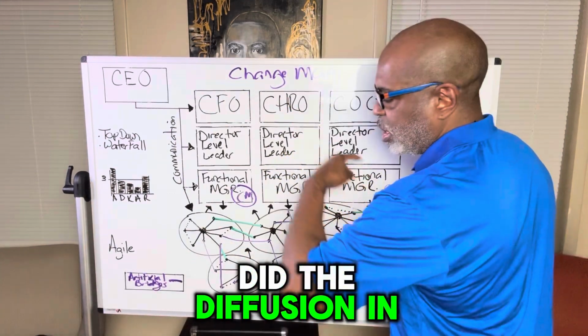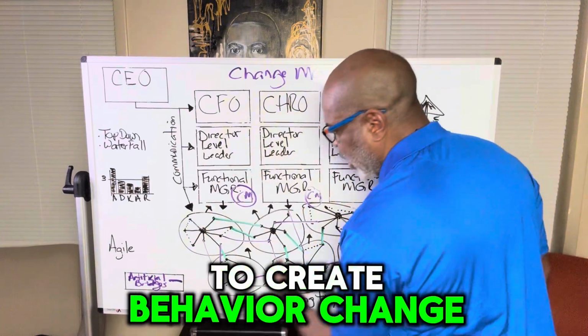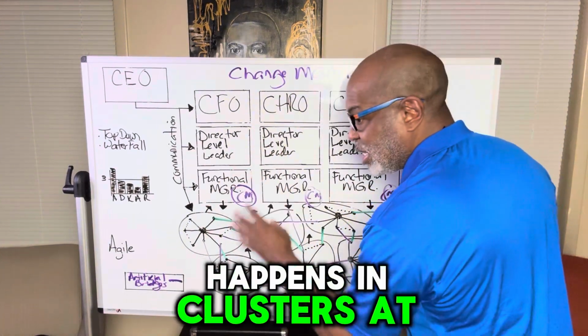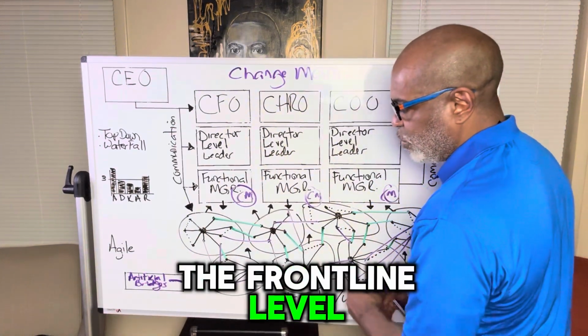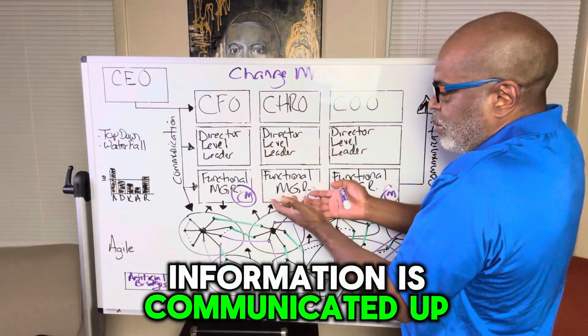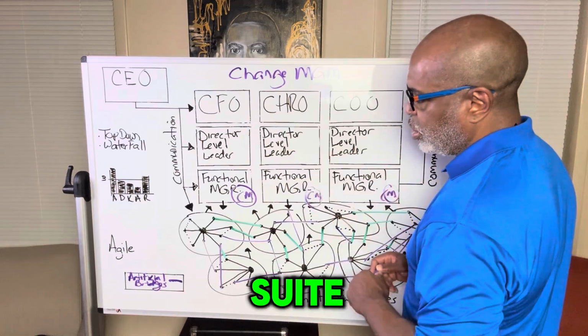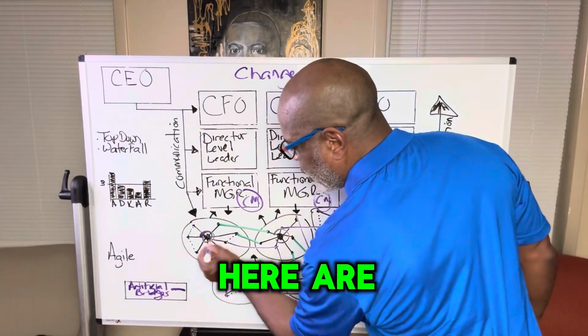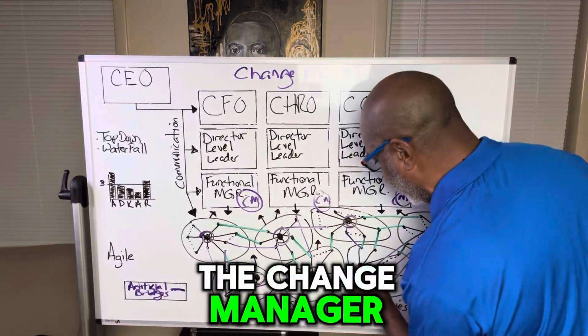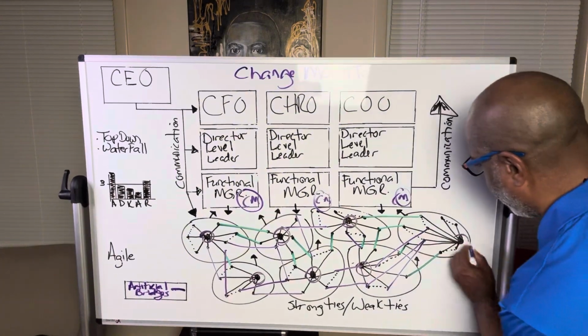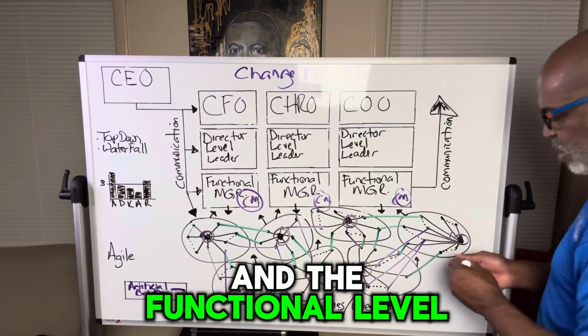The diffusion and spread of information to create behavior change happens in clusters at the frontline level. Information is communicated up to the functional manager, to the director level, and to the C-suite. So these hubs right here are communicating with the change manager and the functional level leader.